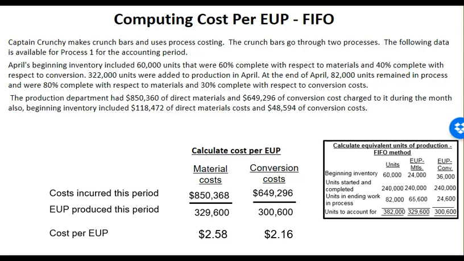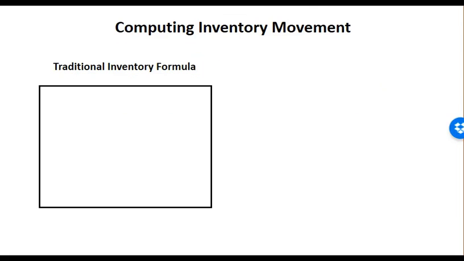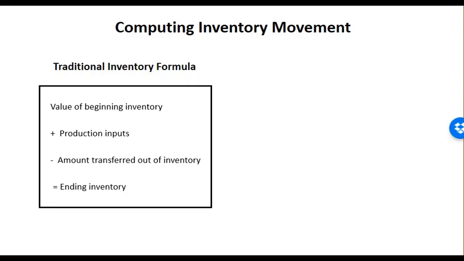So now, based upon that, we're going to be able to do some inventory calculations. Before we do that, though, I want to go back and talk about the mechanics of the inventory calculation we're about to make. If we take a look at our traditional inventory calculation, we start out with beginning inventory.